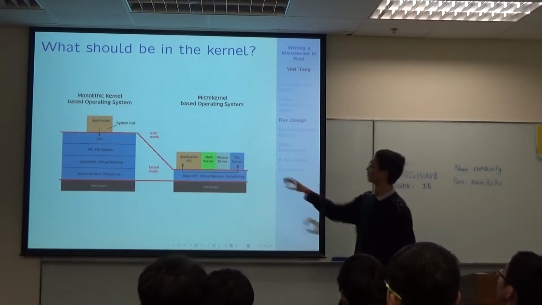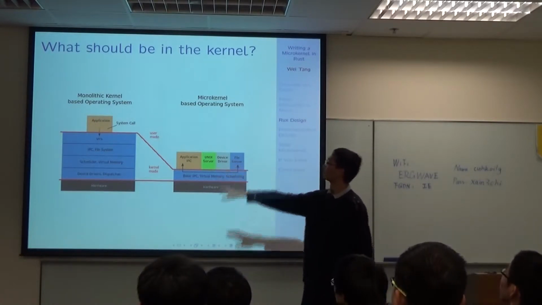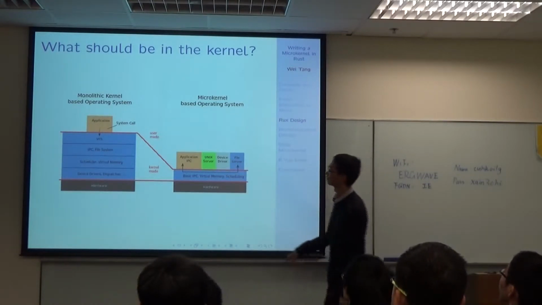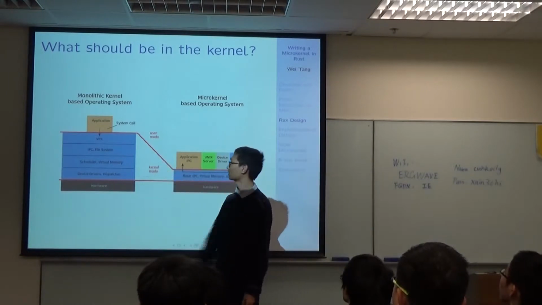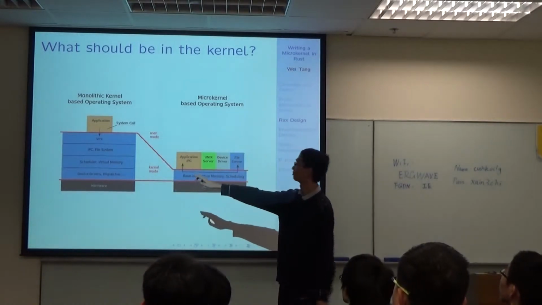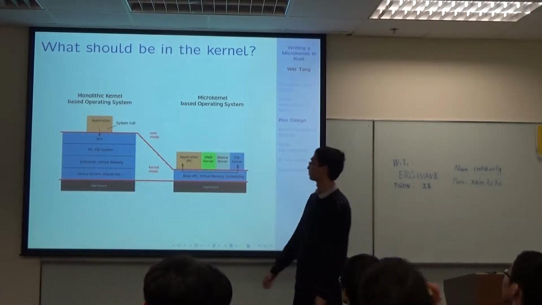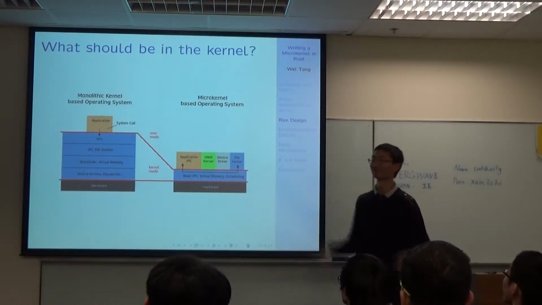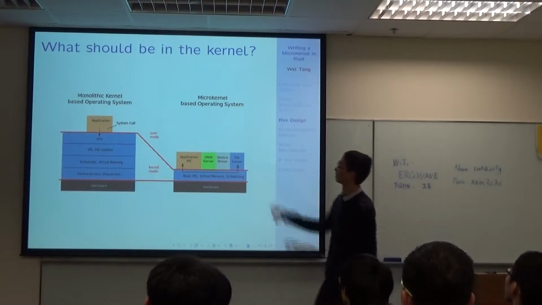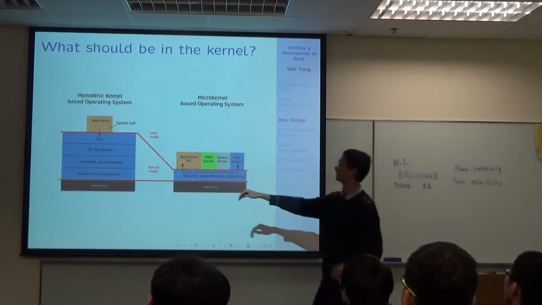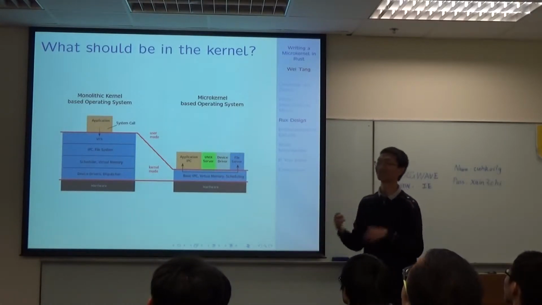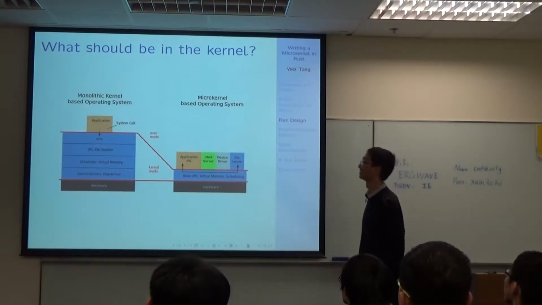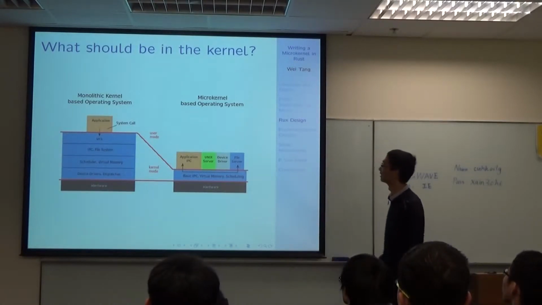If you're working on a monolithic kernel, you run the virtual file system, IPC, file system, scheduler, virtual memory, device drivers, everything in kernel mode. The application makes a system call to this kernel, and the kernel deals with it and returns something.